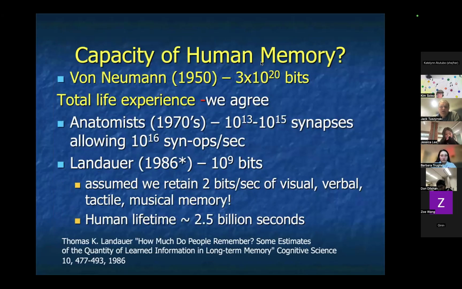But before I propose something alternative, I want to say that various famous people looked at and tried to compute the amount of memory that can be stored in the human brain. In the 1970s, anatomists were proposing that the brain can have up to 10 to the 16th synaptic operations per second, which is not too bad.